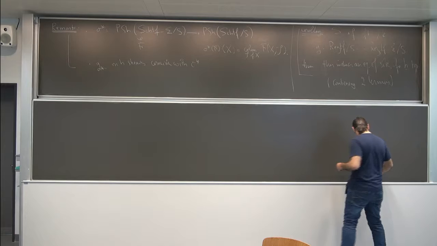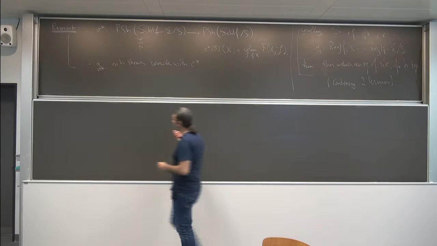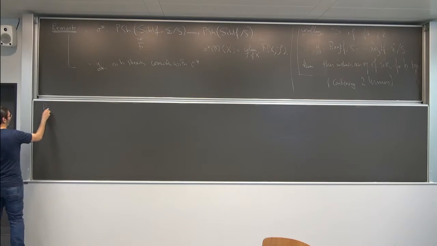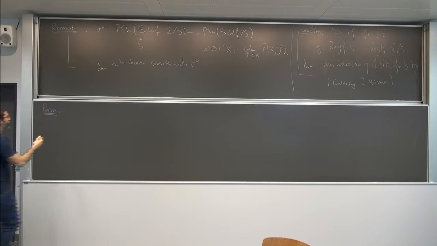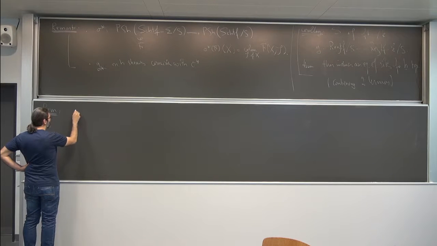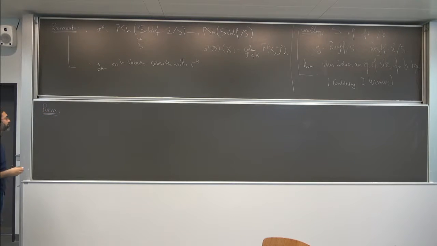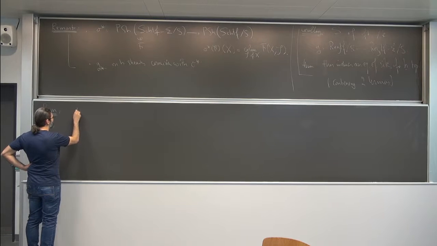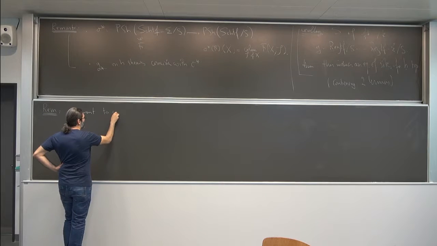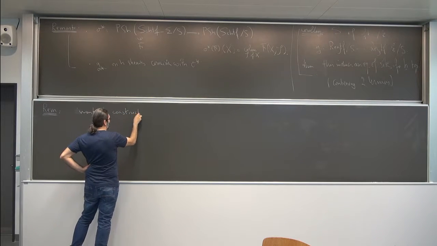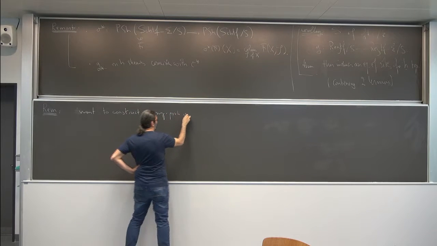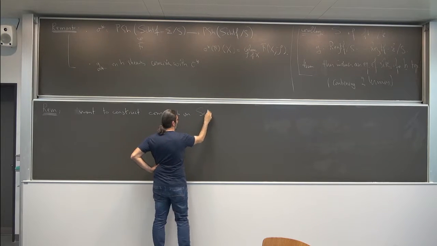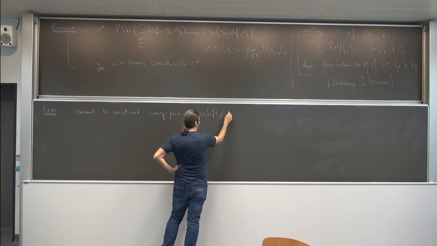Just a small remark about how this will be used. Just make two remarks. So the first remark is, what we are aiming at is, we would like to construct some complexes of pre-sheaves on, let's say, schemes of finite type, maybe, over some base.